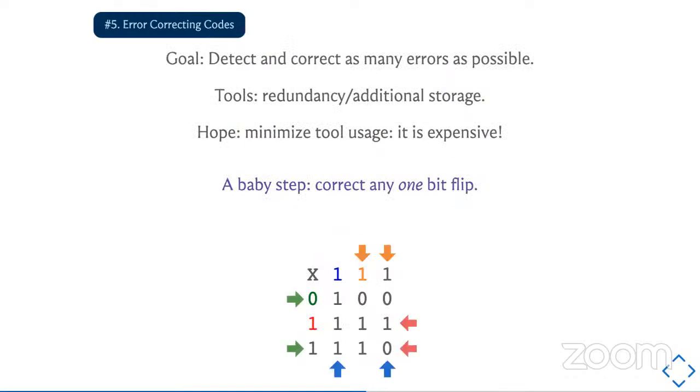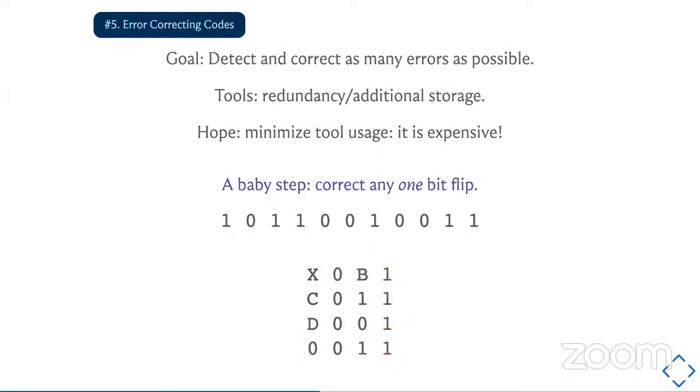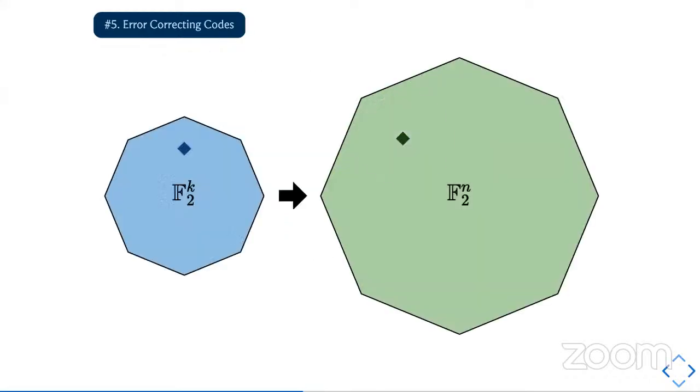If you remember, we said that the encoding process can be thought of as a map from F2^K to F2^N that basically maps things in a manner that's far apart. So in particular, if you have a code that corrects for 1 bit, and you look at the space around the 0 in the target space, any other vector should be at a distance of at least 3 from the 0.